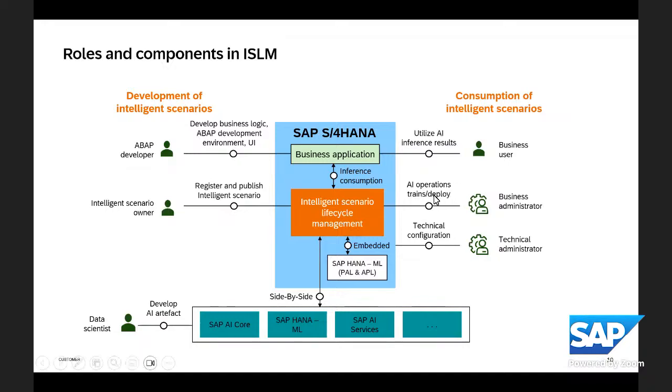And then comes the process of training, which is relevant for the narrow AI use cases. That's where the business admin would be responsible for training the model based on the customer data. And then the same persona, or a different persona, someone who is more involved in the process side, would be responsible for evaluating the quality of the model.